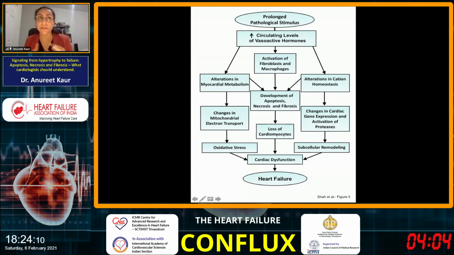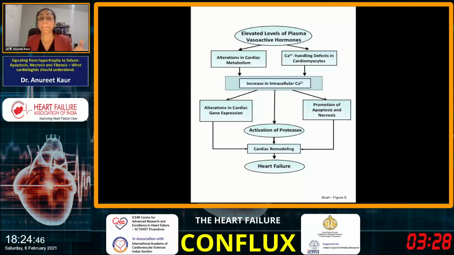Specifically, we have calcium, sodium, potassium, and there is calcium overload, which causes changes in the energy production, in how mitochondria produce energy. And of course, cardiac gene expression is altered, and several proteases are activated, which causes cellular remodeling with respect to sarcolemmal structure and influx and efflux of calcium. And all this leads to cardiac dysfunction. And of course, oxidative stress was already coming in, and that can lead to loss of cardiomyocytes and eventually to heart failure.